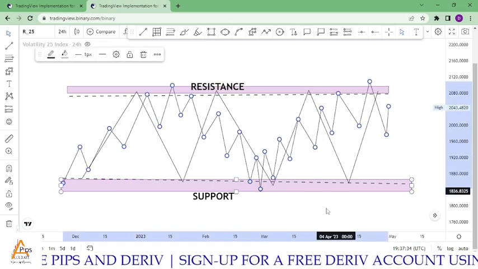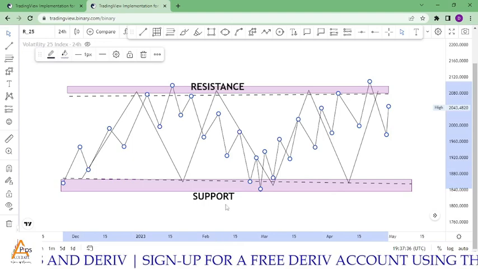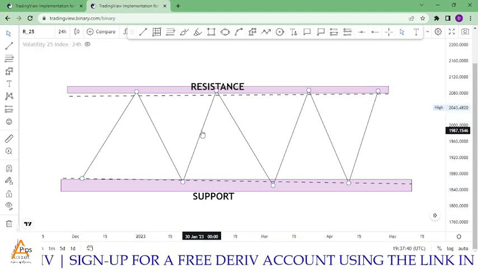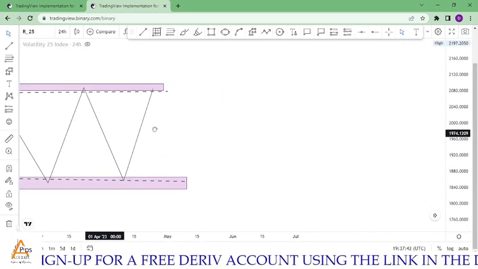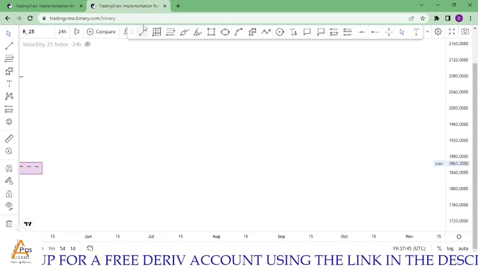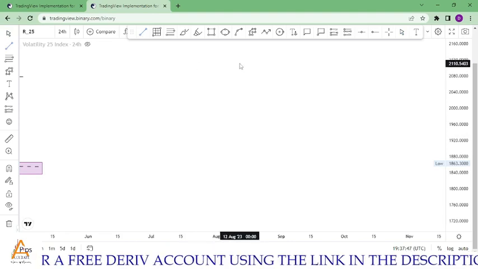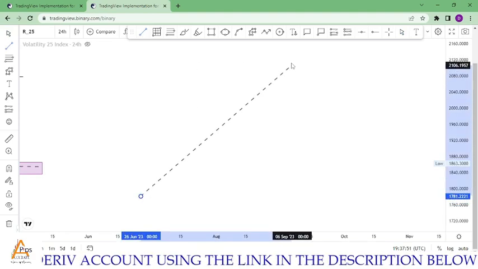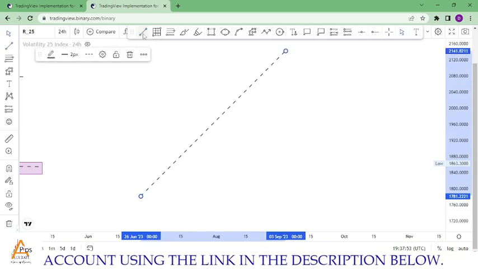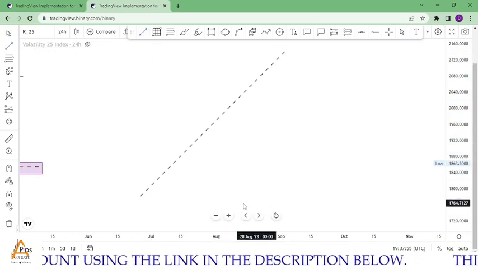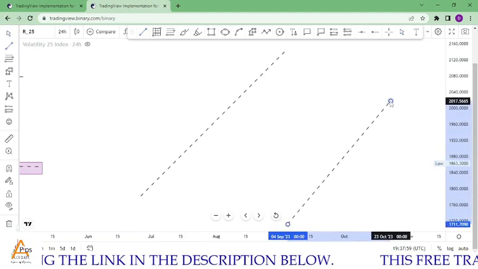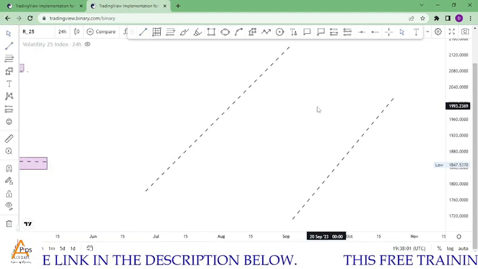So now let's look at the dynamic support and resistance. This is the static, so I'll just shift the chart. With the dynamic, we have something like this. So that is our dynamic resistance, and then our dynamic support.